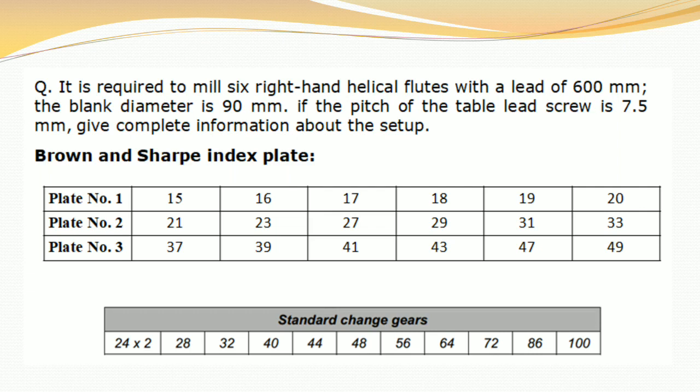Plate number 2, 21, 23, 27, 29, 31, and 33. Plate number 3, 37, 39, 41, 43, 47, and 49. And here are the standard change gears for you: 24 multiplied by 2, 28, 32, 40, 44, 48, 56, 64, 72, 86, and 100.